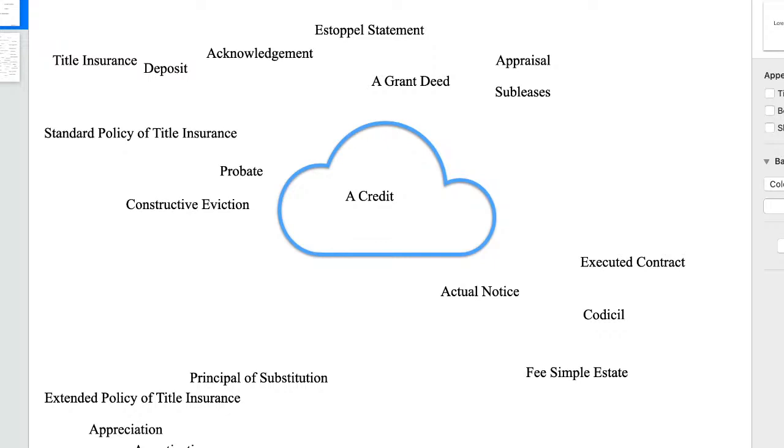A credit is money that's coming to you. An example of a credit is when the seller receives the money for the price of the home. Good.